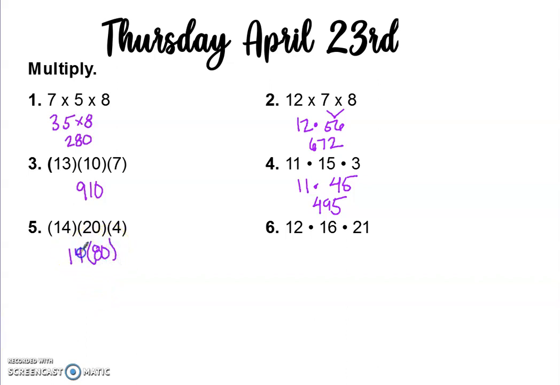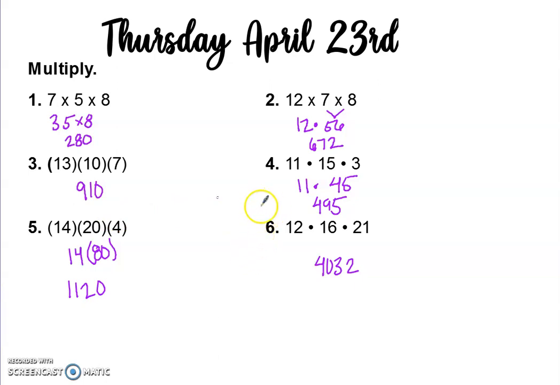Now, I know that some of you probably just put all these in your calculator and called it a day, and that's okay, but sometimes knowing some basic facts is helpful for when you're trying to do things quickly. 12 times 16 times 21 is 4,032. And the reason why we're practicing this multiplication and this strategy is because we're going to be multiplying a lot in the following section.